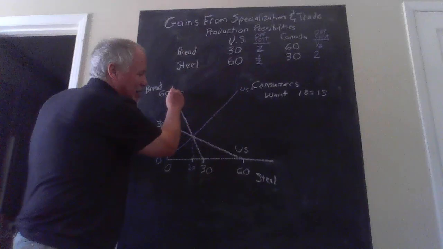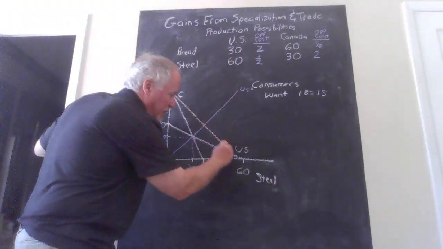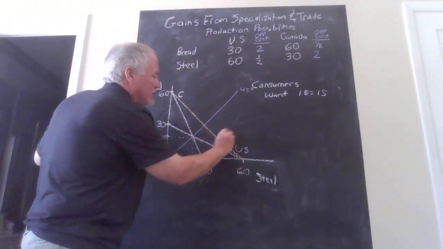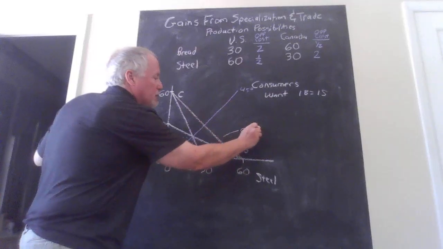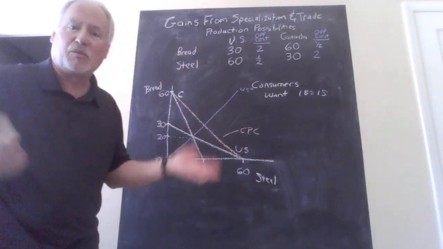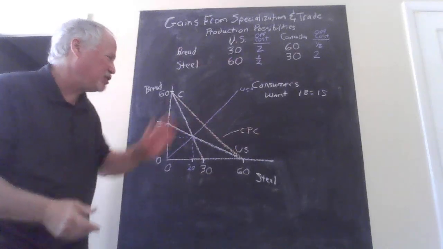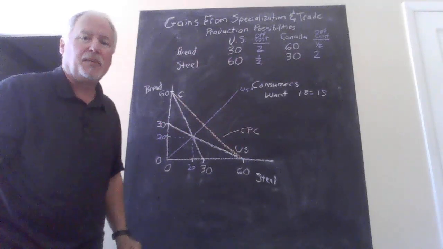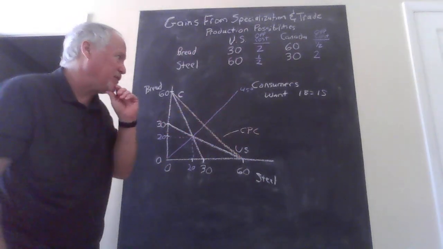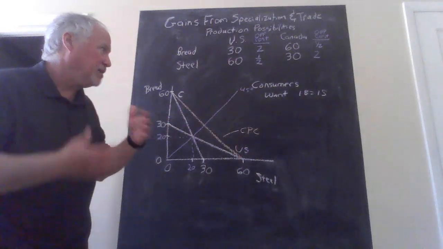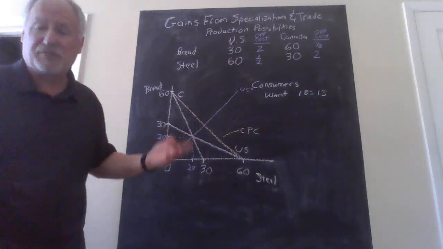And it happens to turn out, because I set up the numbers this way, that the CPC with international trade at this price of 1, which again has to be somewhere between 1/2 and 2, so I happen to say 1, and it actually turns out with these numbers and these preferences for consumers, this would have to be it.